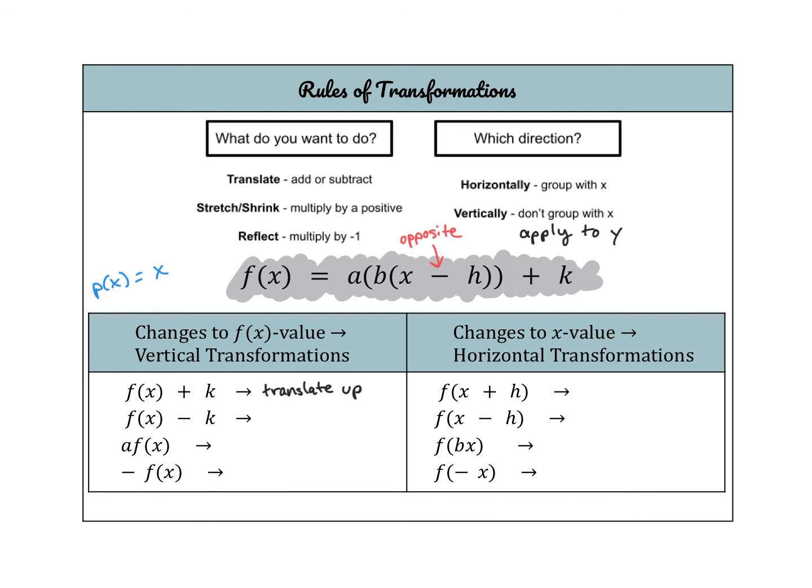If we subtract k from the entire function, it's going to translate our graph down by k units. If we multiply our y values, remember f of x is interchangeable with y. If we multiply our y values by a, it's going to be a vertical, again these are all vertical, stretch or shrink by a factor of a.